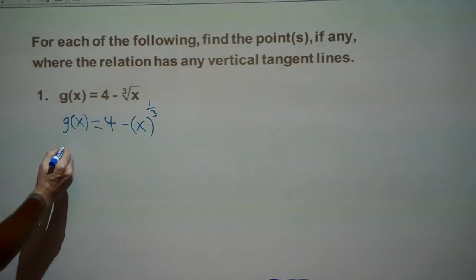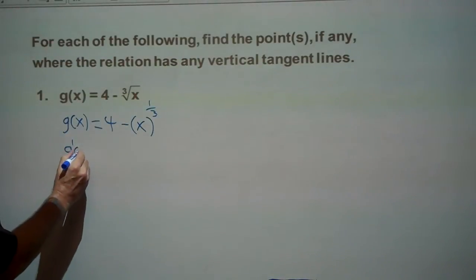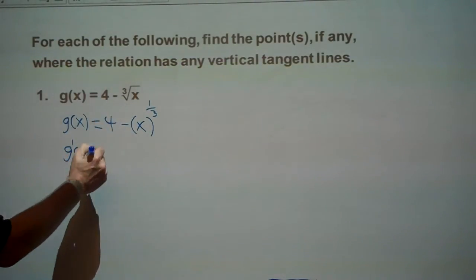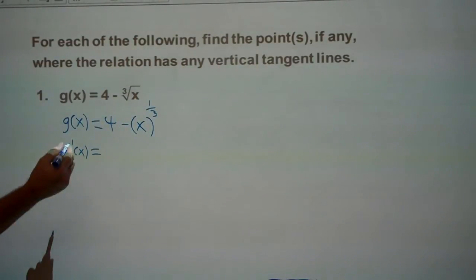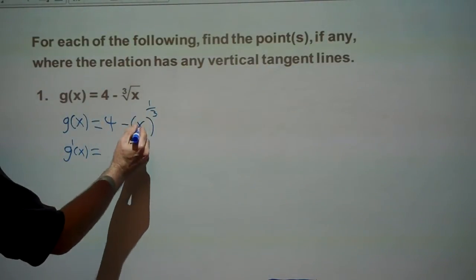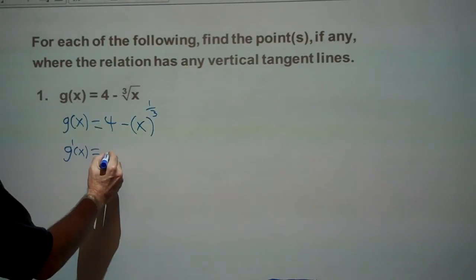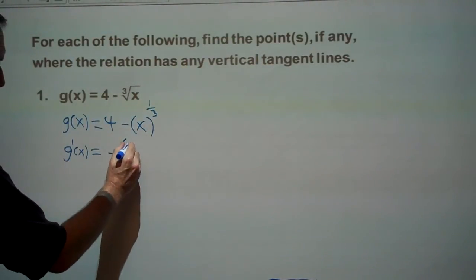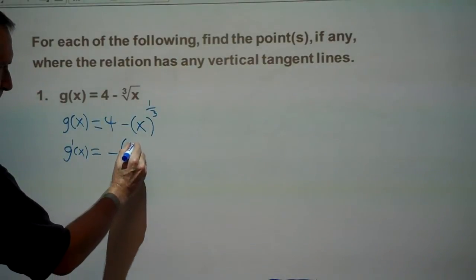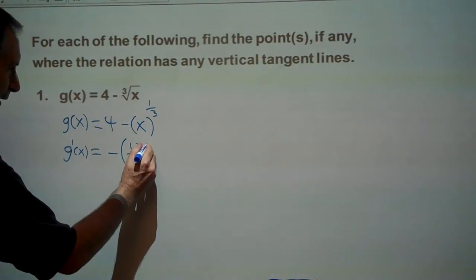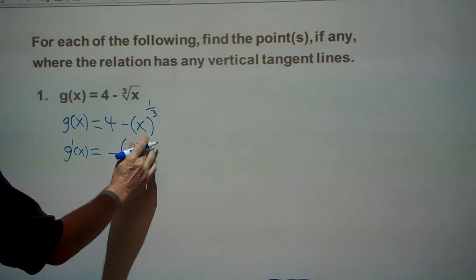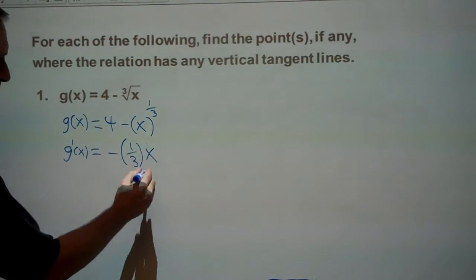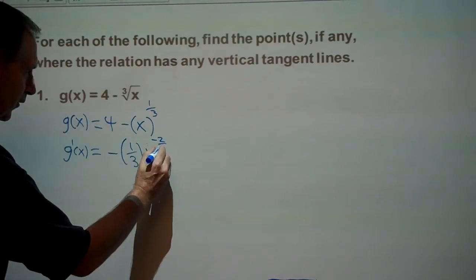Next, to differentiate, we have g prime of x equals, this 4 constant becomes 0 differentiated, and using the power rule, we have negative, this negative sign, 1/3, and we have x to the power of 1/3 minus 1. Well, 1/3 minus 3/3 is negative 2/3.